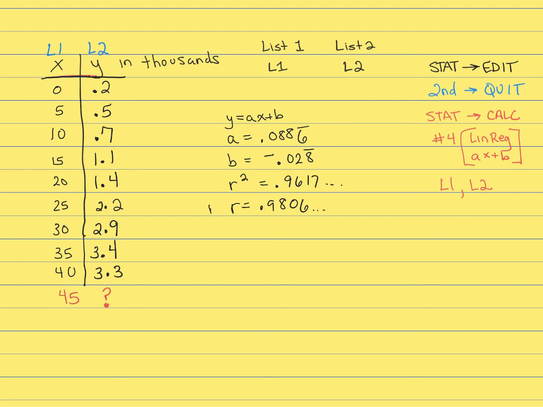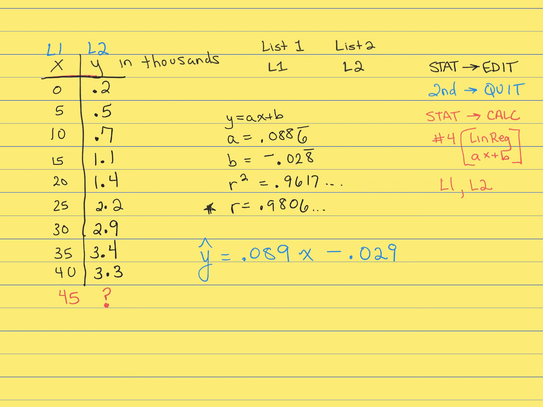So remember, r is our correlation coefficient, and we can interpret this to be y hat equals 0.089x minus 0.029. And I'm just rounding because of the decimals.